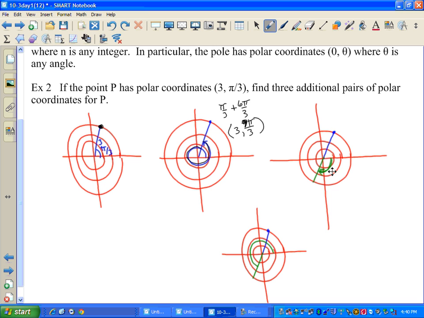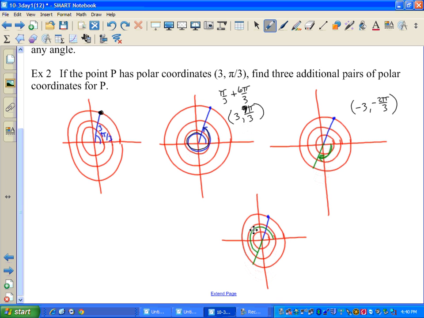Another coordinate that would give the exact same point, I could go negative angle, which would be negative 3 comma negative 2 pi over 3. That would give the same point because it would put us 180 degrees away from where we need to be, but then if you go backwards with the negative 3, you get back to the same point.